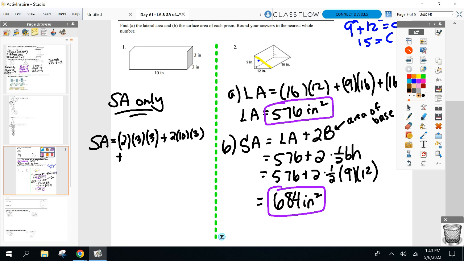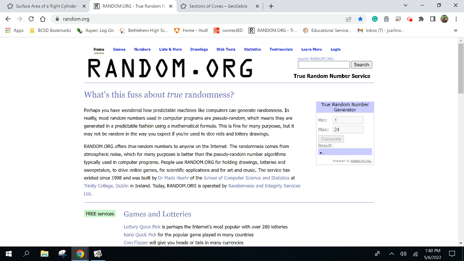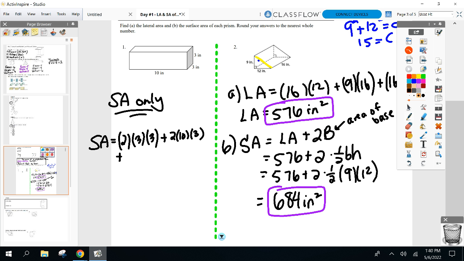And what about the third pair? Also 10 and 3. So you could go 4 by 10 by 3, or you can do another 2 10 by 3. It's up to you. All right.